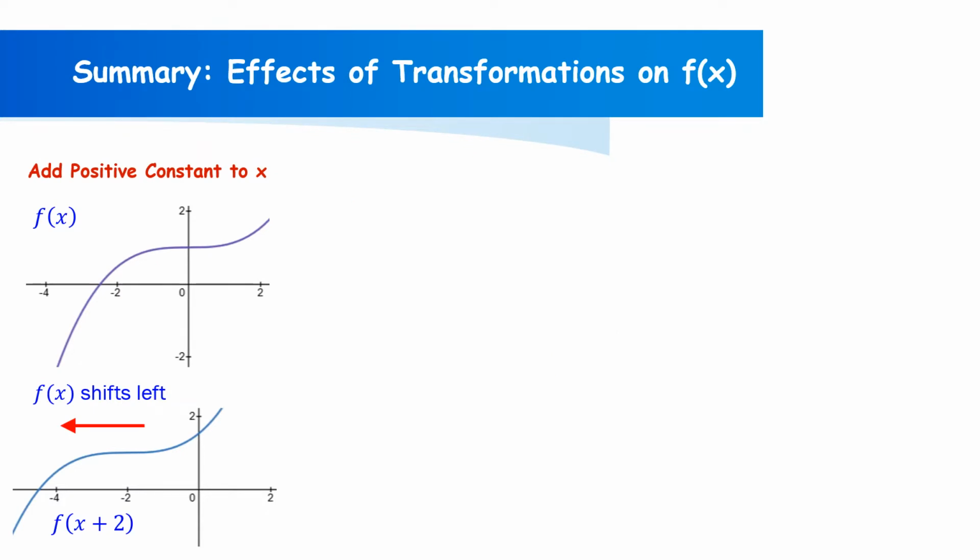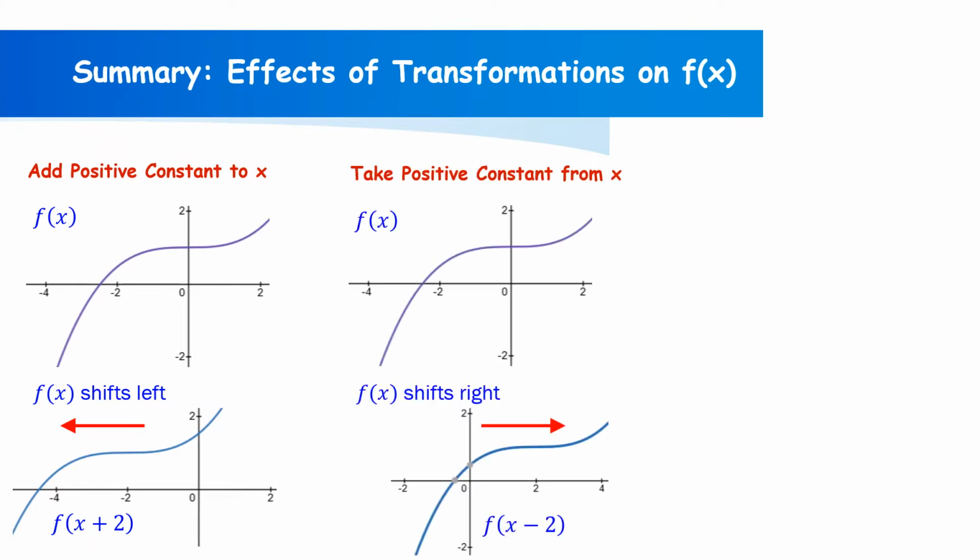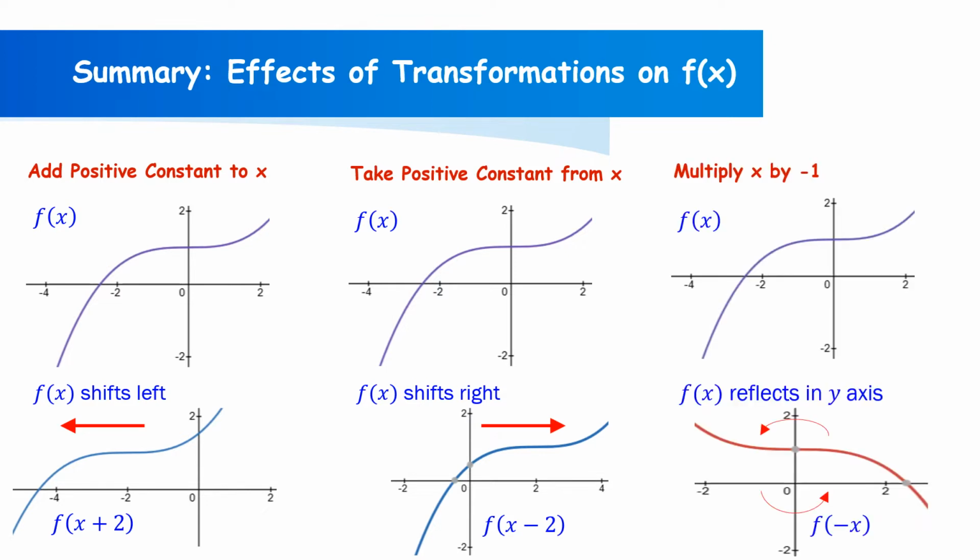Let's have a look at this pictorially. Adding a positive constant to x, f of x shifts left. Taking a positive constant from x, f of x shifts right. And multiplying x by -1, f of x is reflected in the y-axis.